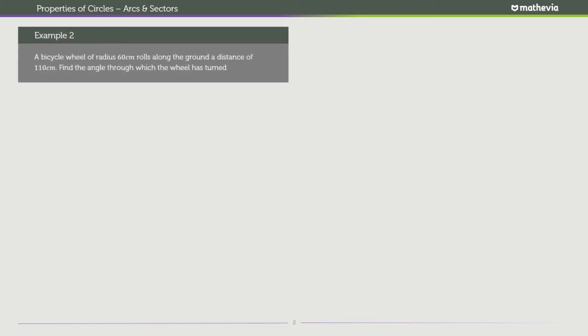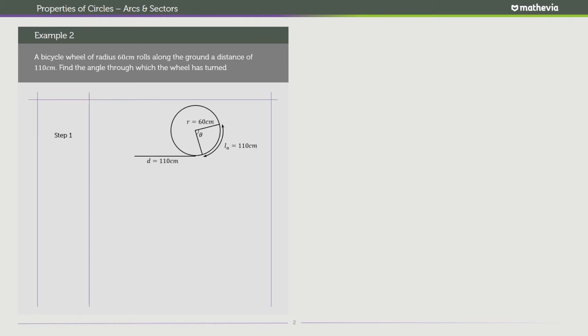Example 2. A bicycle wheel of radius 60 centimeters rolls along the ground a distance of 110 centimeters. Now find the angle through which the wheel has turned. What is this about? We have this wheel rolling on the floor.